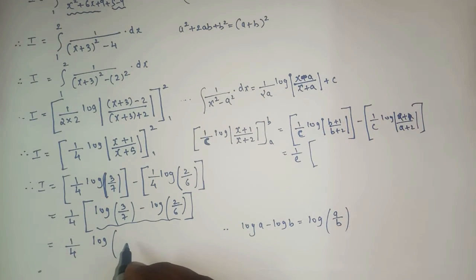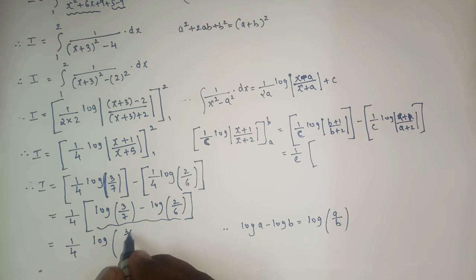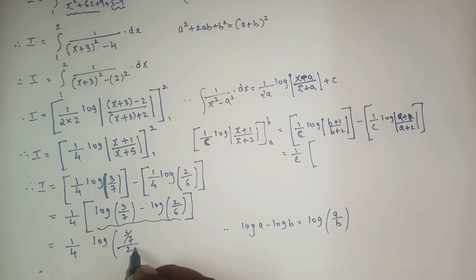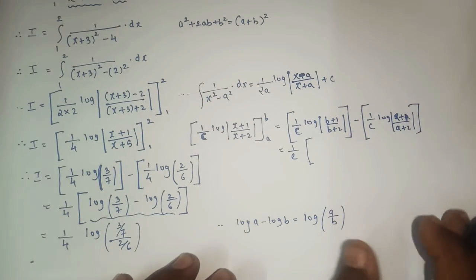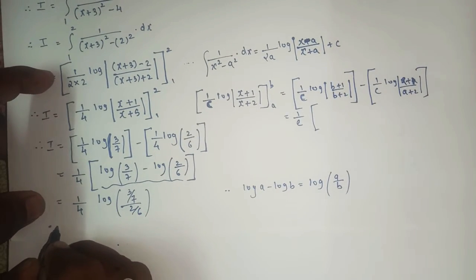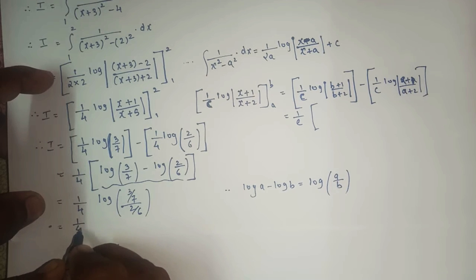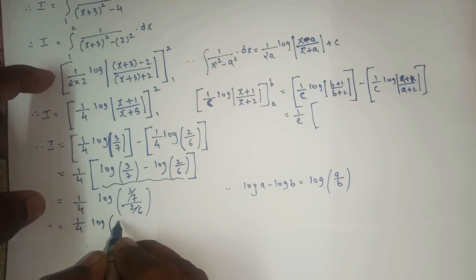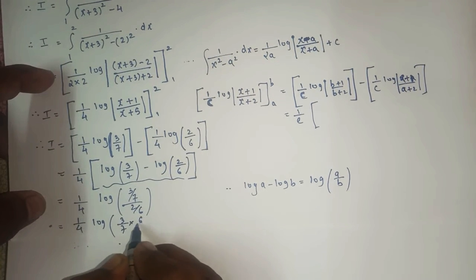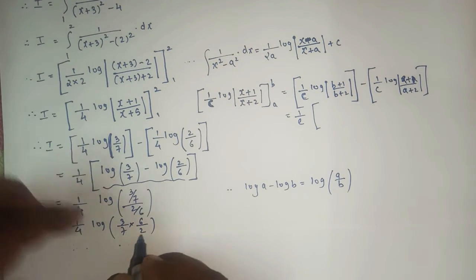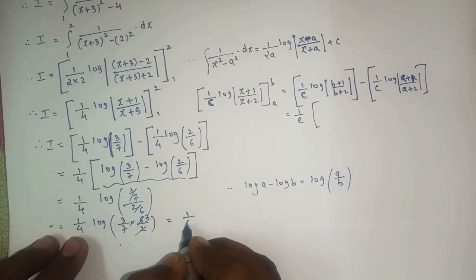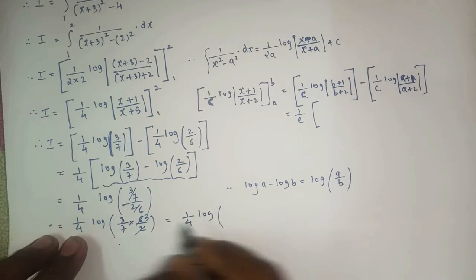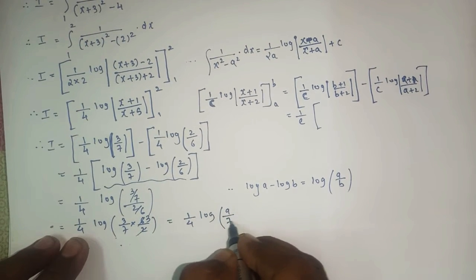So this can be written as a by b, so 3 by 7 upon 2 by 6. In the final step, this we can write as 1 by 4 log 3 by 7 into 6 by 2. 2 ones are 2, 3 threes are 9. So therefore 1 by 4 log 9 upon 7.